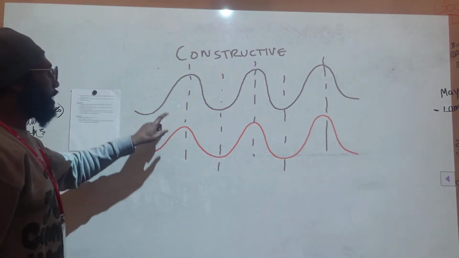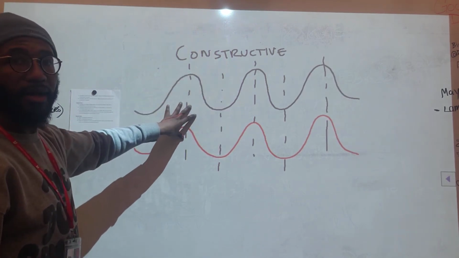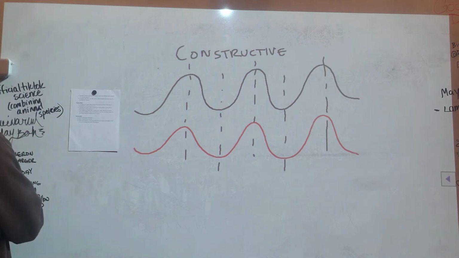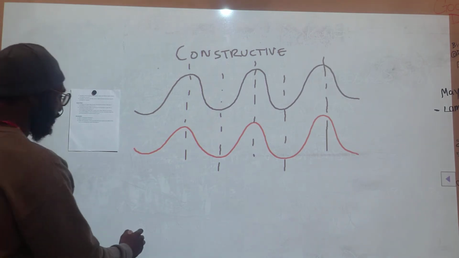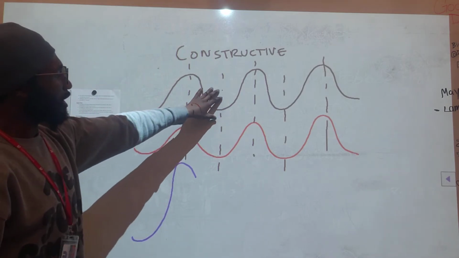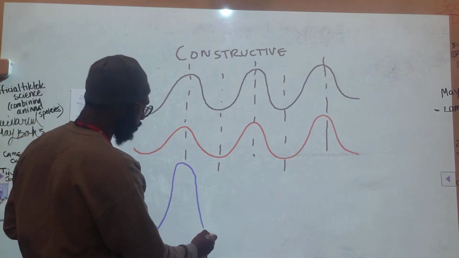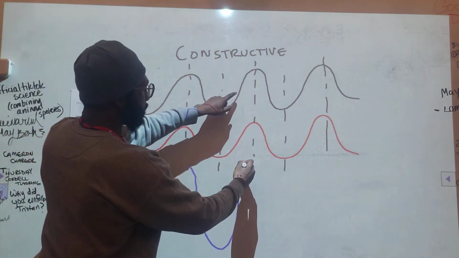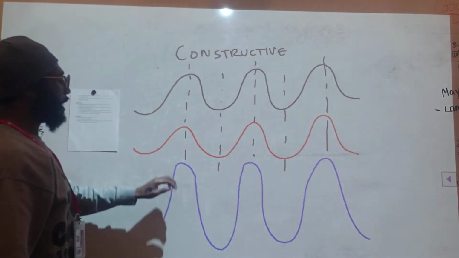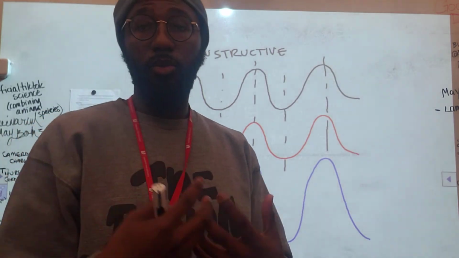Okay, so if two crests line up, that means when these waves are added together and combined, they're going to make an even bigger crest. Okay, very large. Now, because these troughs line up, they're going to make a very big trough, so very low. And it's going to keep repeating, very high, very low, very high. Okay, so superposition is simply when we combine waves.